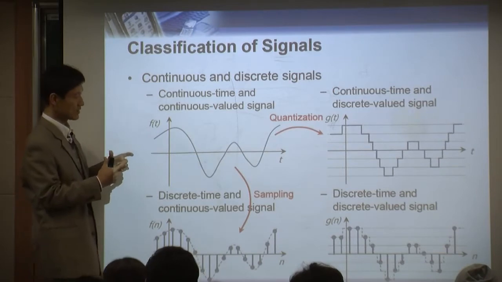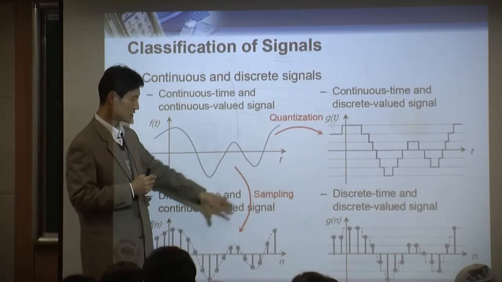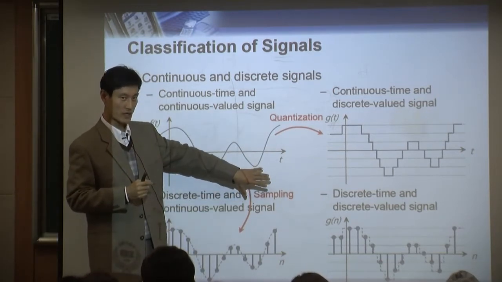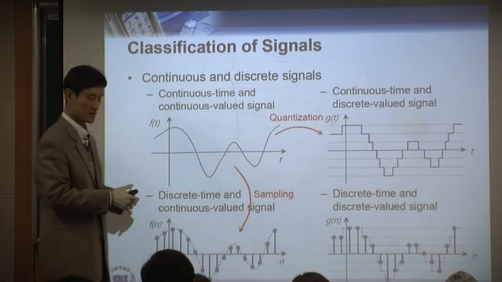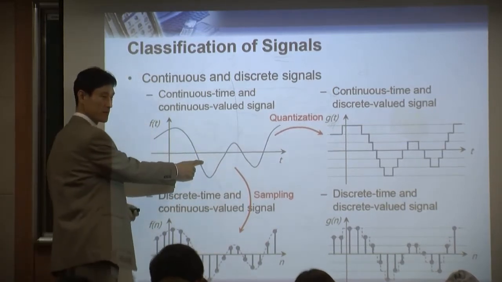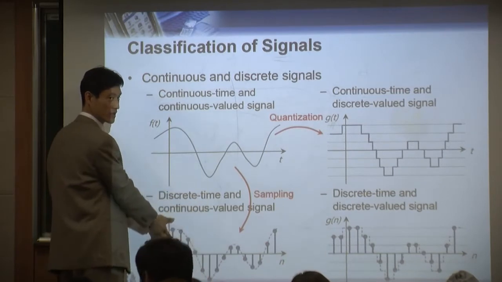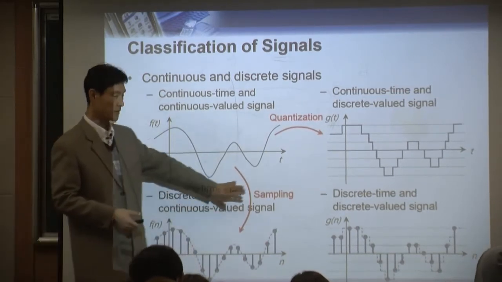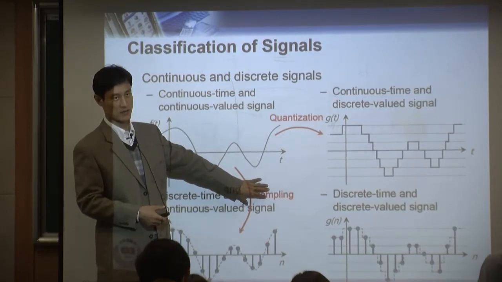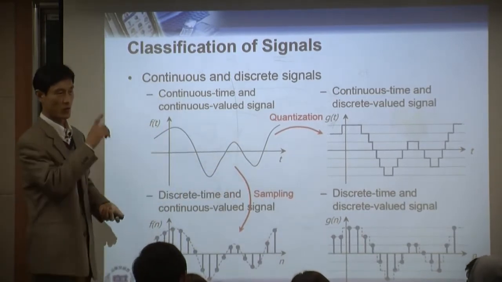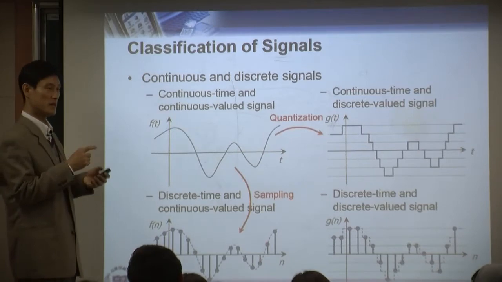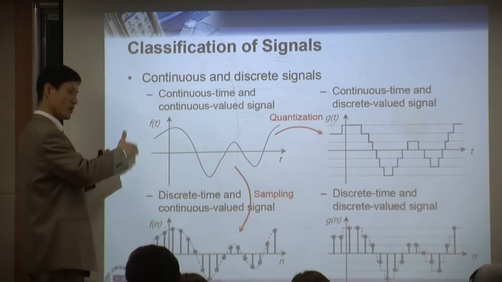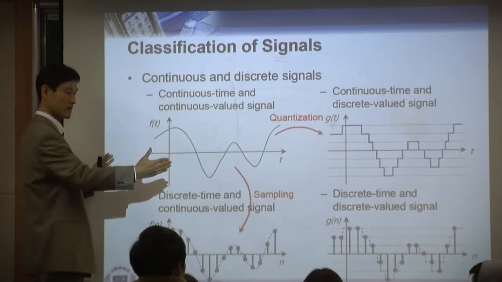Inside the A to D converter, the first thing to do is sampling. What happens when you do sampling is that continuous time changes to discrete time. When you do sampling, you have a sampling frequency, for example 1,000 hertz. That means you are sampling 1,000 times per second.